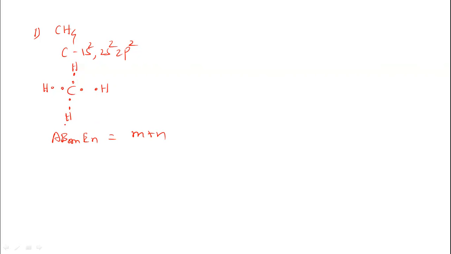All the electron pairs are bonding pairs. So the number of bonding pairs is 1, 2, 3, 4, that is 4 bonding pairs, and no lone pair of electrons is there. So the number of bonding pairs is equal to 4.